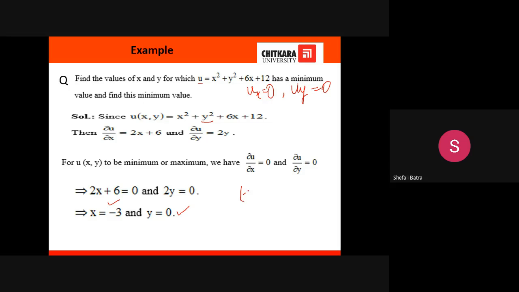So this minus 3 comma 0 is your critical point at which you need to check whether this function is minimum or maximum. It is mentioned already in the question, it has a minimum value. So we will check. Next you need R, S and T. What is R?